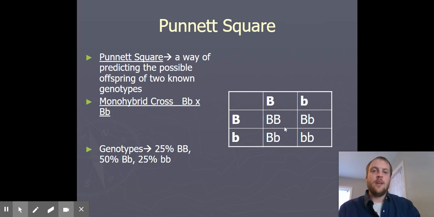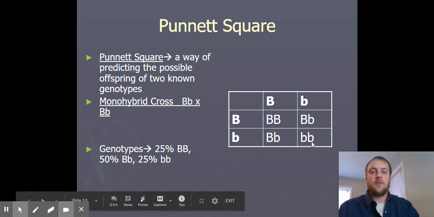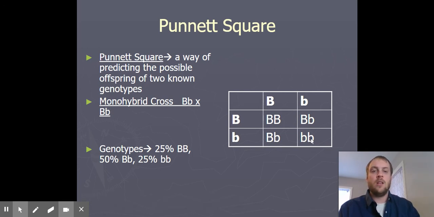Basically, this is telling us that there's a possibility that the offspring could be homozygous dominant for eye color, which is the big B, big B. There's also a possibility of having a heterozygous offspring, big B, little b, heterozygous because it's two different alleles. And there's also a slight possibility of a homozygous recessive offspring, which has both lowercase letters, both recessive alleles of this trait.